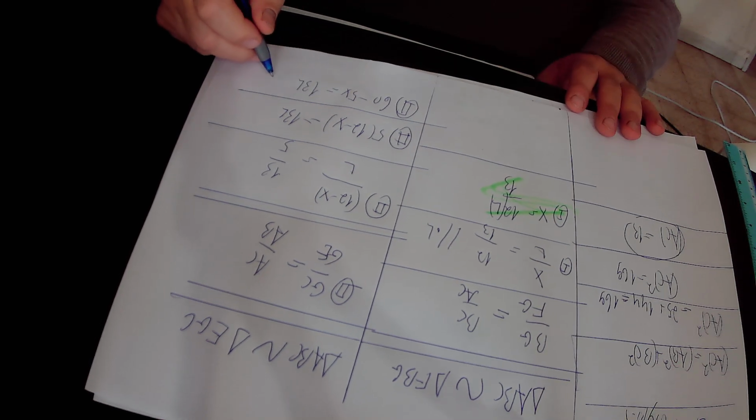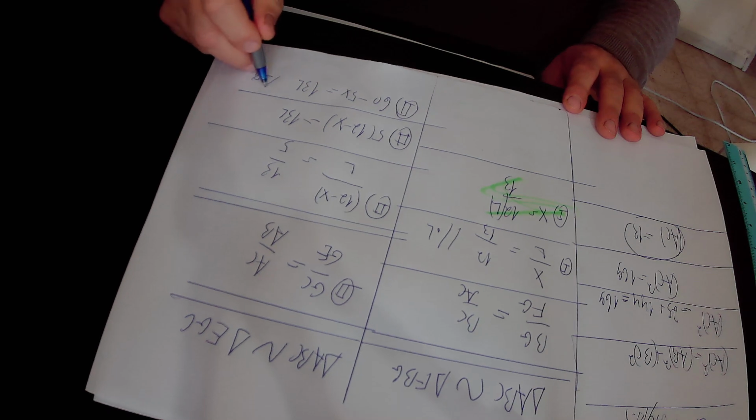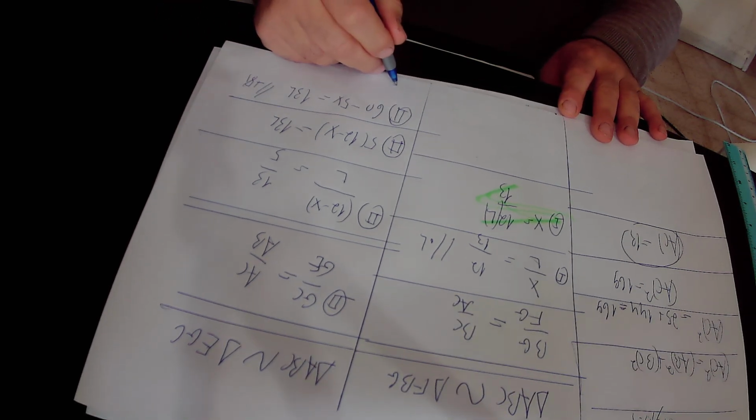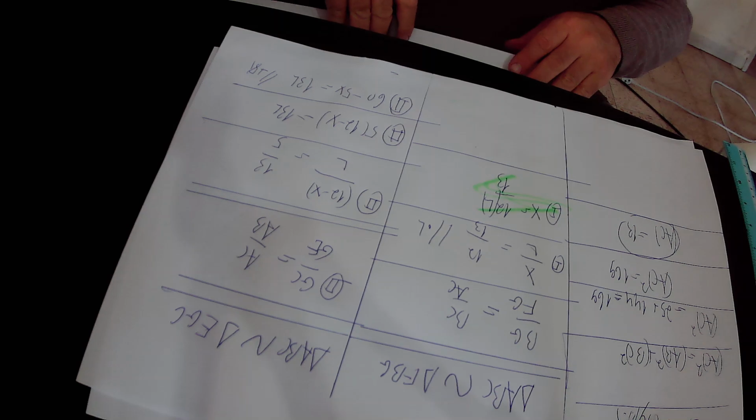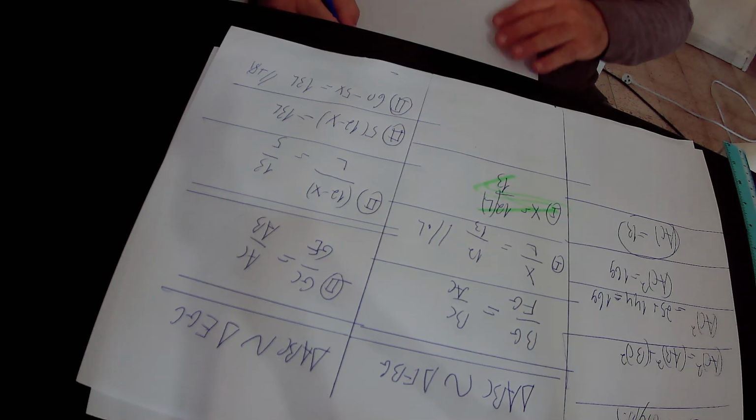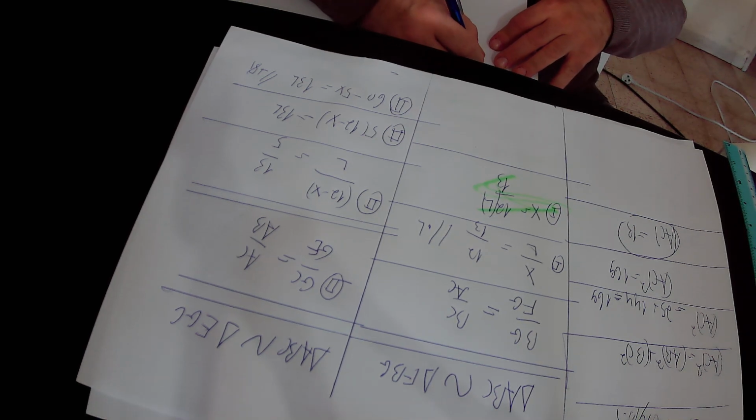Here we add 5x to this equation, and we get that 60 equals 13L plus 5x.